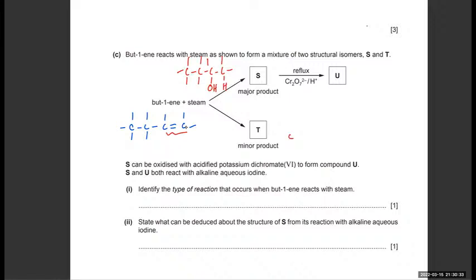The minor product would be that the H gets attached over here and the OH gets attached over here. Sir, the minor product goes against the rule. Yes, it goes against the rule. Okay. So major product is this one, minor product is this one.